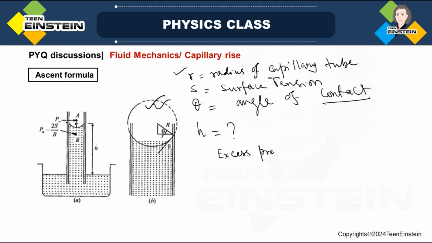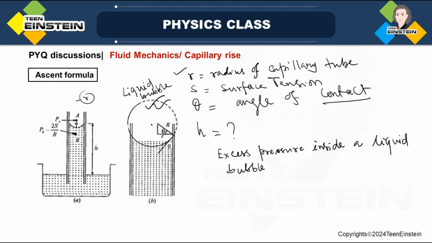This meniscus is actually part of this liquid bubble, so we can find the excess pressure inside it. For liquid bubbles, we take ideally spherical ones. If the bore, the radius of this capillary tube, is very narrow, then the liquid bubble will always be spherical in shape.